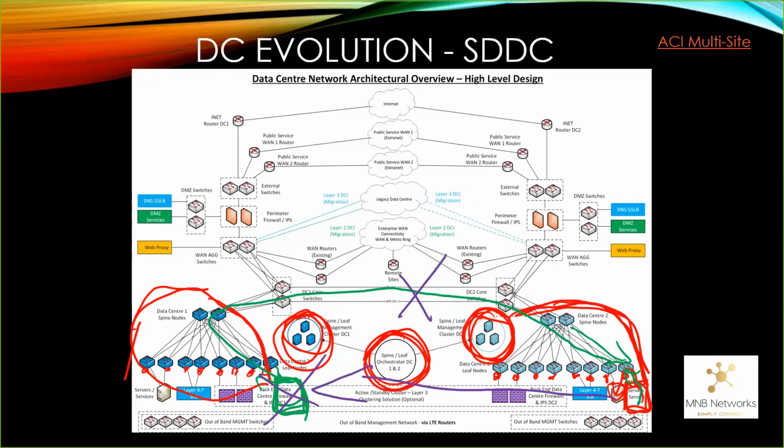So this is where you start building up the picture of the evolution from purely chassis based, lots of ports, plug anything in everywhere and they can all talk to each other, to spine leaf, a bit more structured.